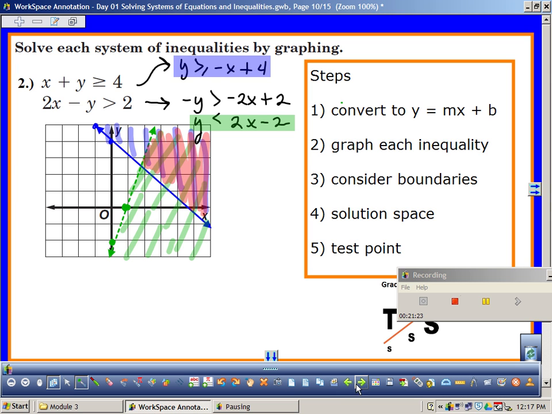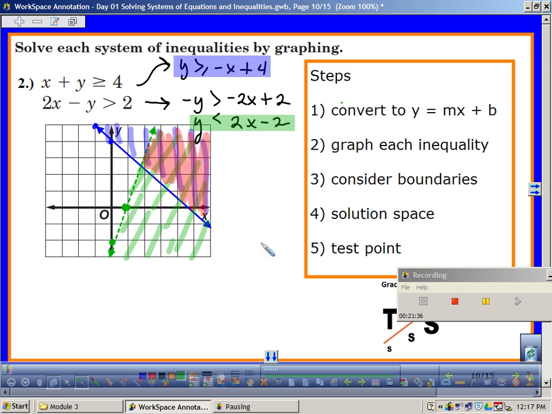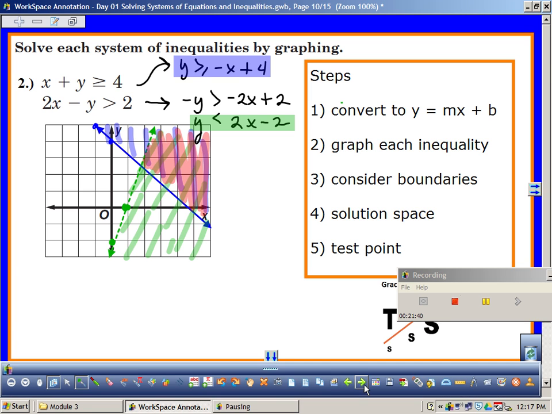They intersect all in this red space right here. That's their intersection. You see why? There's no point of intersection. There's a shading intersection. Okay? That's a really good question.